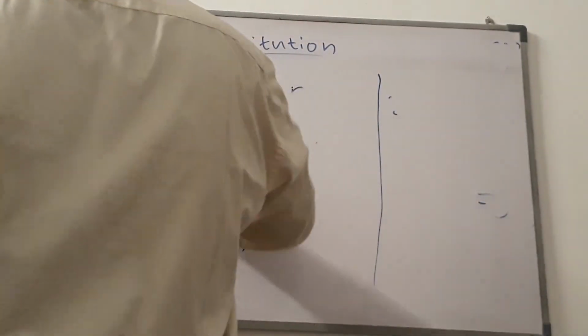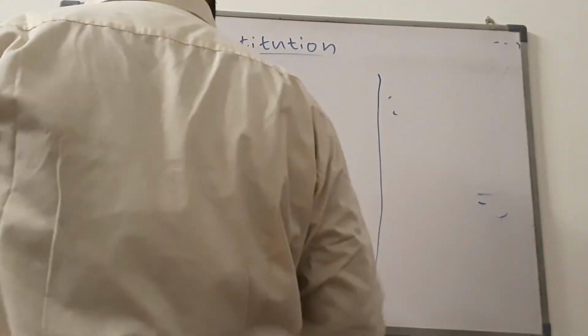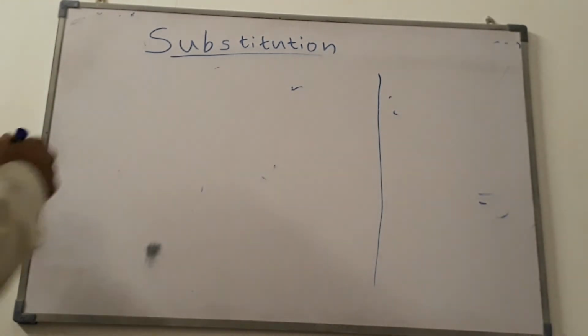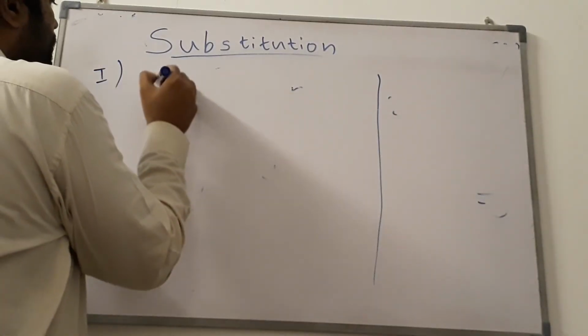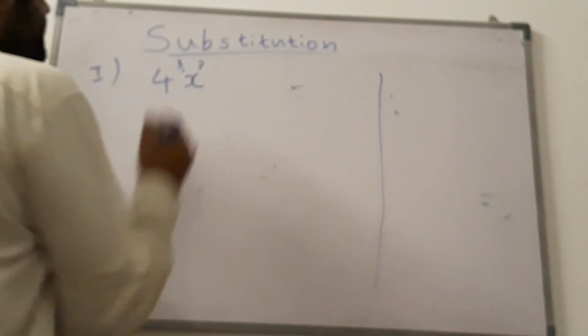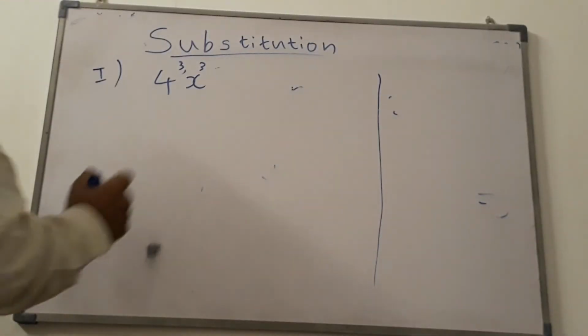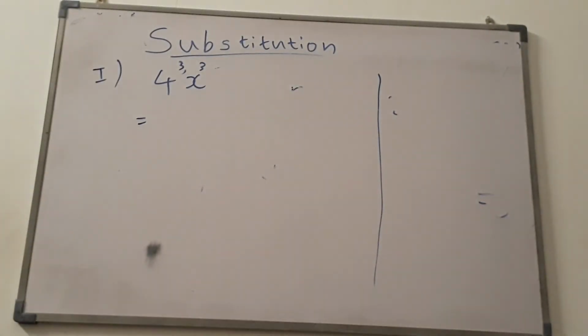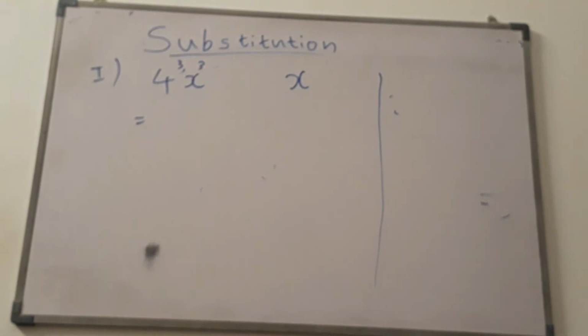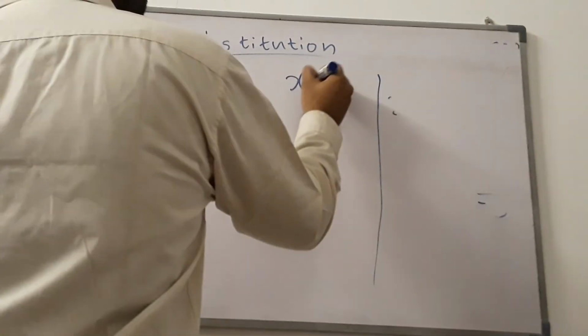Okay, now we go for some sums. First question: 4 cube and x cube. Okay, 4 to the power 3 and x to the power 3. I am going to do the sum straight away, substituting values. x equals 1. Easy.